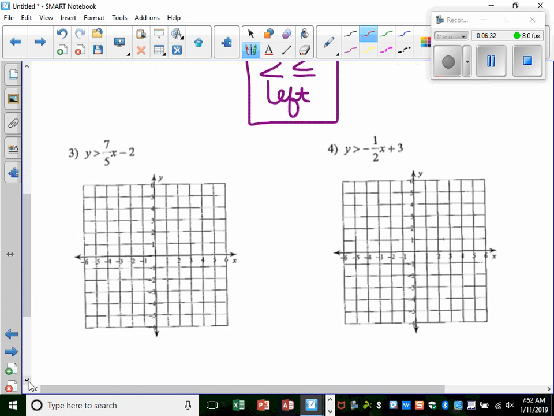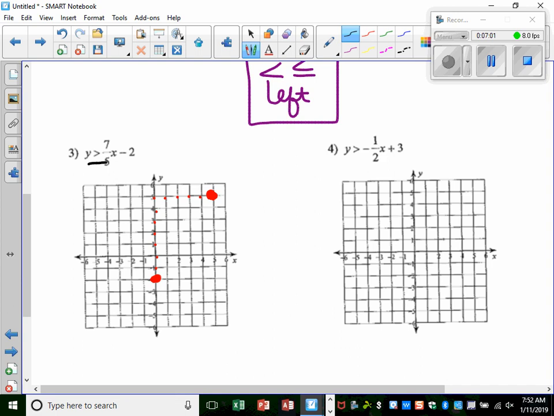this one here. So we're going to start at -2, and then I'm going to go up 7, and then over 5. Okay. And actually, let's change this problem and put an equal sign under it so we can practice using a solid line.